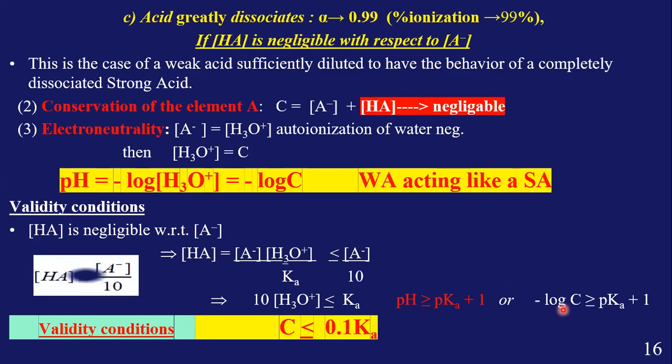Great. Done with this, and that's it for the different pH of strong acids. Now you saw where the concentration is greater than 100 Ka, or when this concentration is less than 0.1 Ka, or when it's in between, where you use the quadratic equation, which comes simply from the Ka expression.